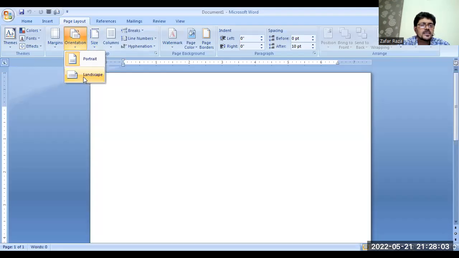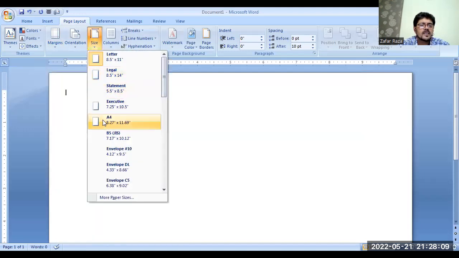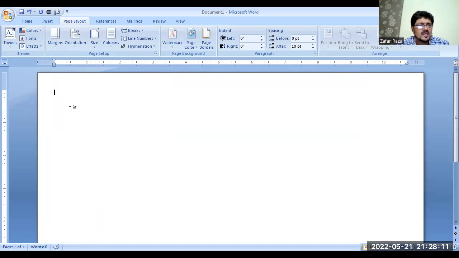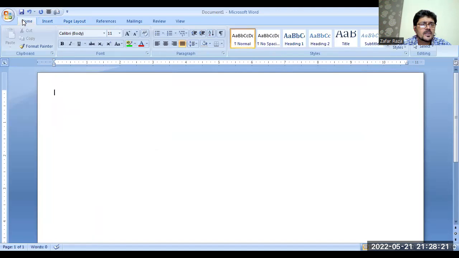Okay, here is the page. I'm changing the orientation to landscape, margins narrow, size A4. Done. So we need a 3-column cash book. What they have asked for us. So what we do, I'll insert. Okay. Now, first of all, we have to write in the middle one.